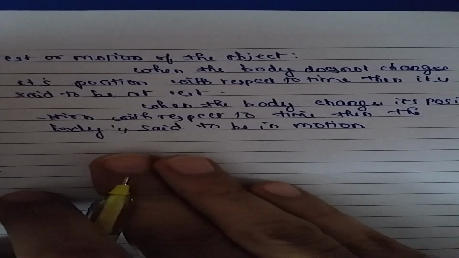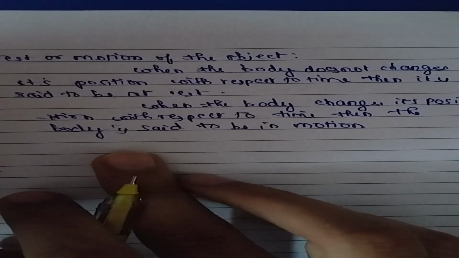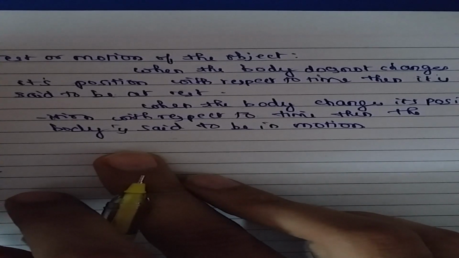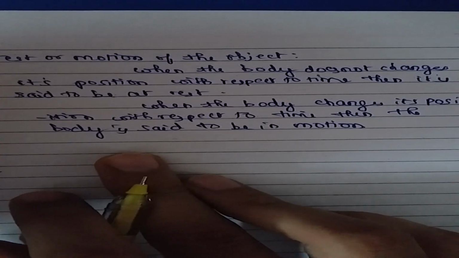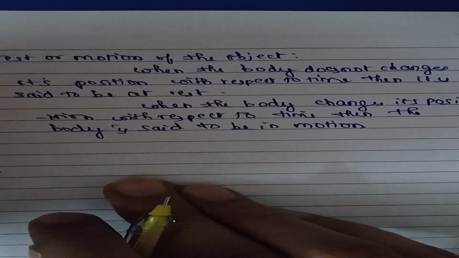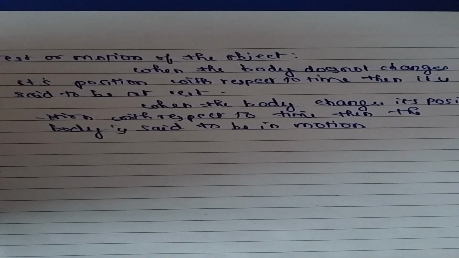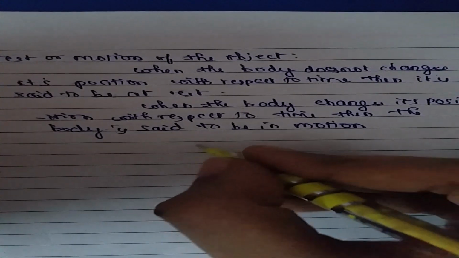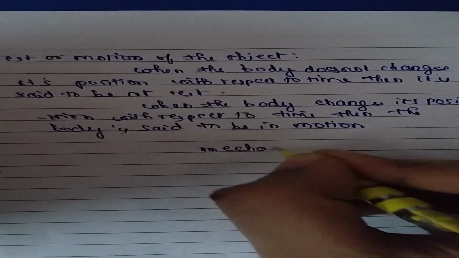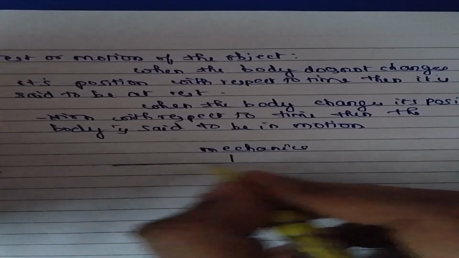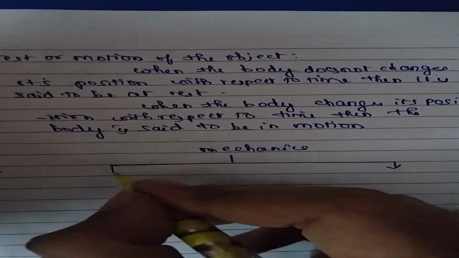Mechanics is the branch of physics which deals with the bodies or the objects or the particles that are at rest or in motion. So now let us move to the different branches of mechanics. Mechanics can be divided into two branches.